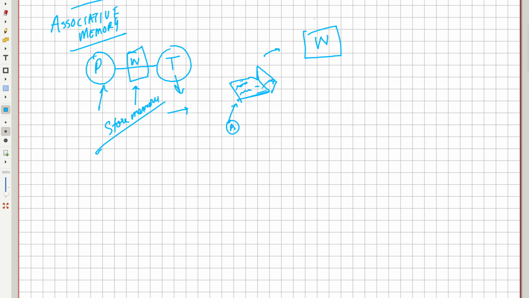That is possible because each memory leaves its own mathematical fingerprint inside the W in the form of an outer product. So we could say that memory MQ could be written as TQ, sorry, TQ outer product with PQ transpose.